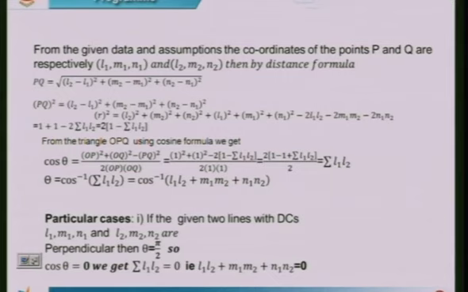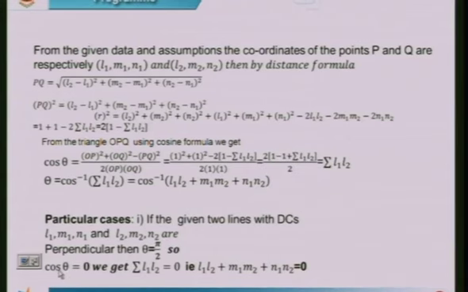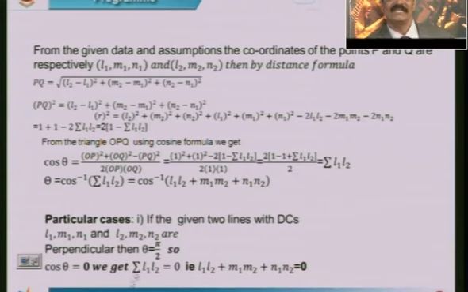Here I will give you 2 particular cases. Suppose the 2 lines AB and CD are perpendicular, with DCs L1 M1 N1 and L2 M2 N2. Then cos theta is going to be cos 90, because perpendicular means theta is 90 degrees, so cos 90 becomes 0. So we will be getting the condition summation L1 L2 equal to 0.